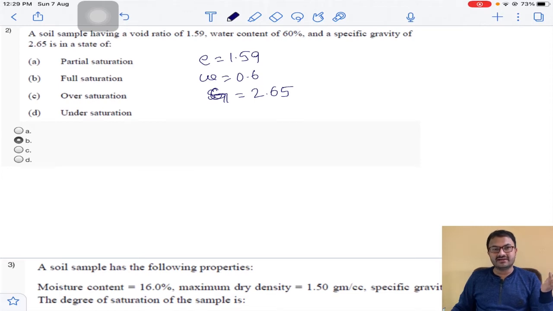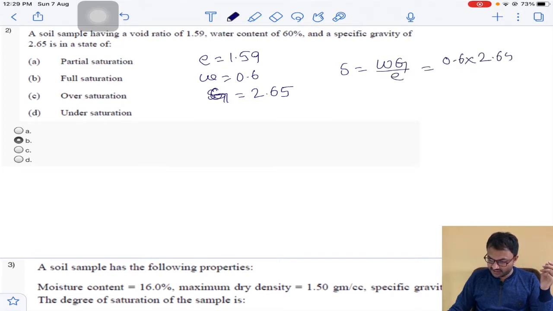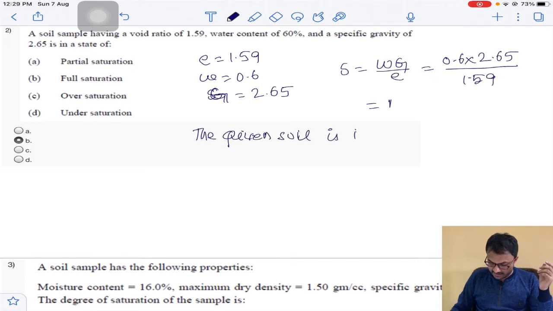So to say the state of a sample, we need to calculate the degree of saturation. S is equal to wG by e. So w is 0.6, G is equal to 2.65, e is equal to 1.59. We will get S is equal to 1. S is equal to 1 means the given soil is in full saturation.